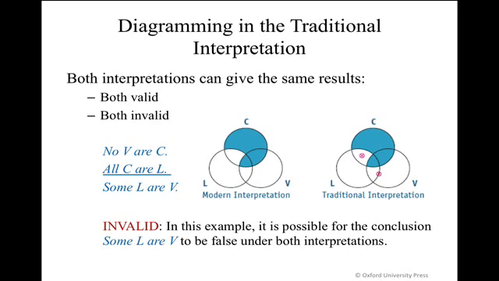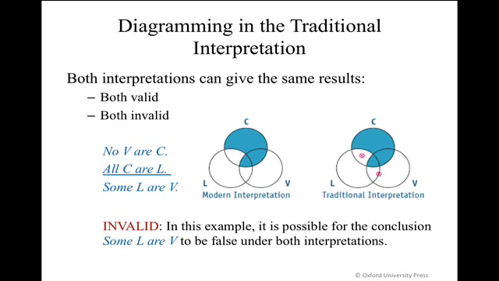There is a circled red X there because we assume there is at least one member of the subject class, namely C. Now take a look at the area of overlap between C and V, or V and C. That's shaded, that's the major premise.